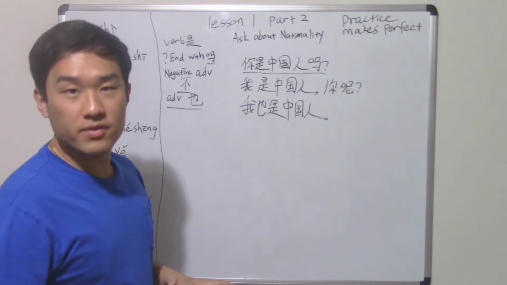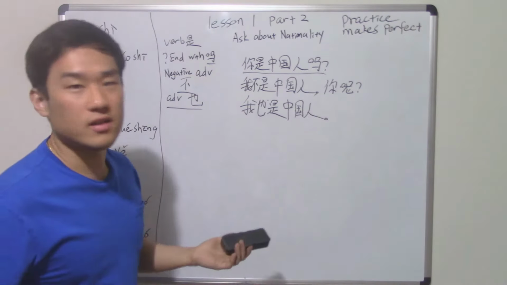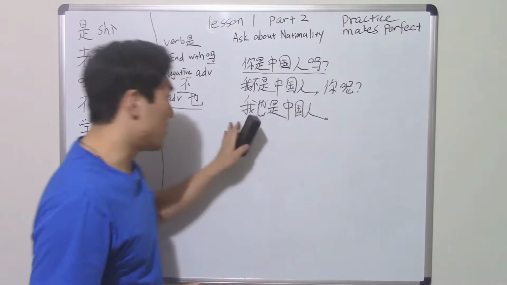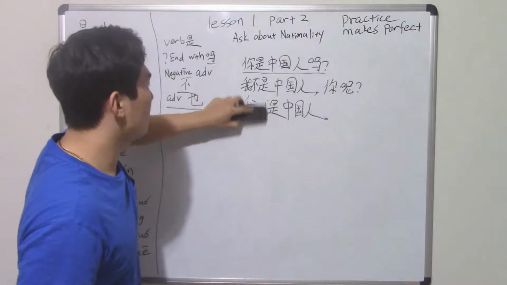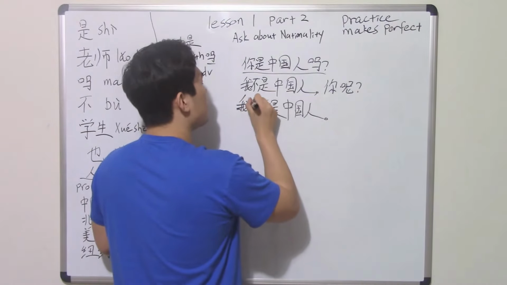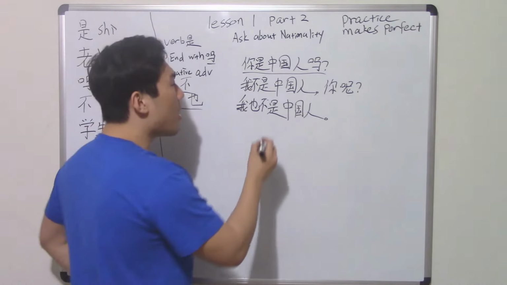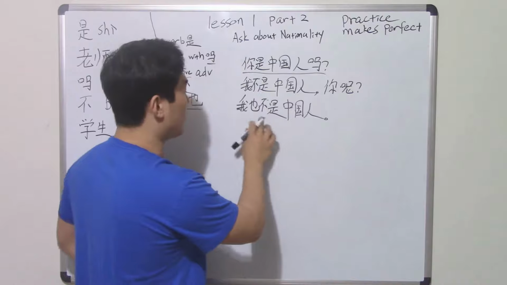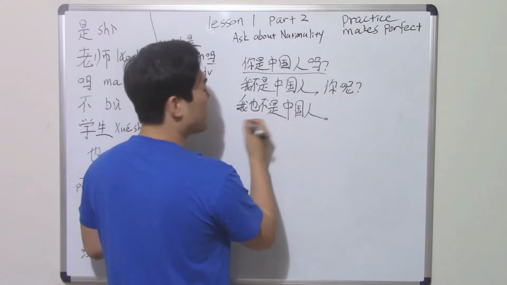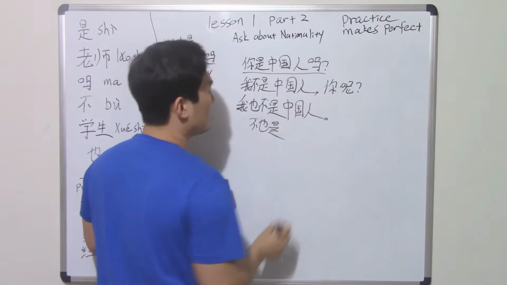Or if you want to make both negative, say 我不是中国人 in the first place. I'm not Chinese in the first place. What about you? And then say I'm also not Chinese. Simply get rid of that. You say 我也不是. It will be wrong if you change this order. You cannot say 我不也是, that doesn't work.